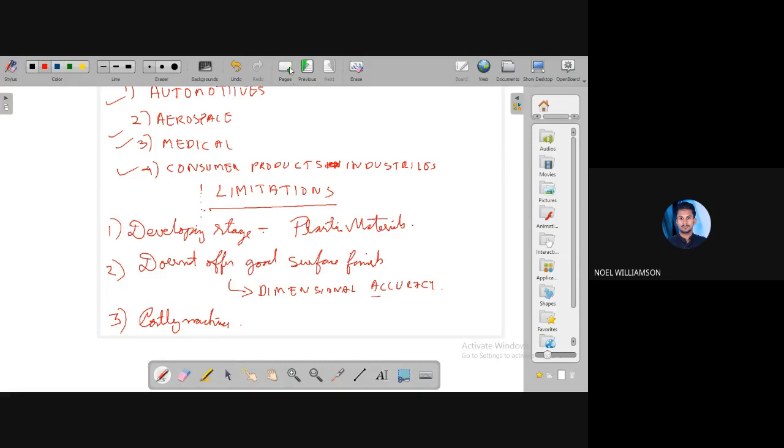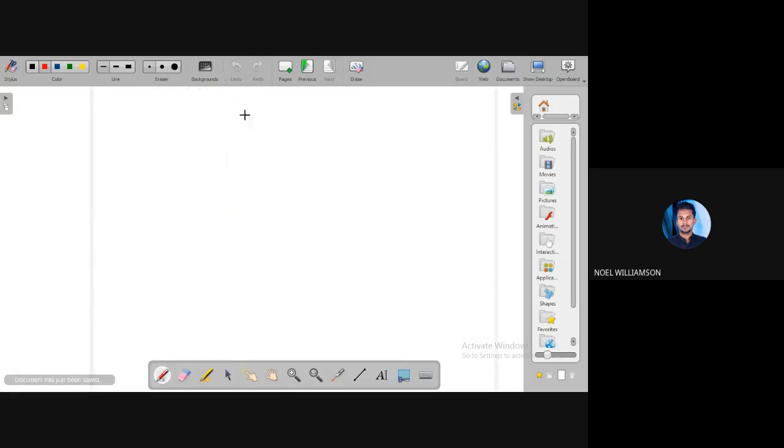Now we will see the next topic, that is value engineering. By the name itself, we can say it is mainly a process for improving the value.